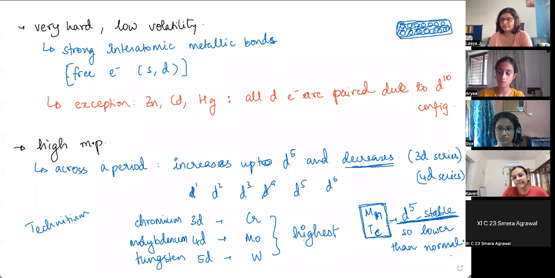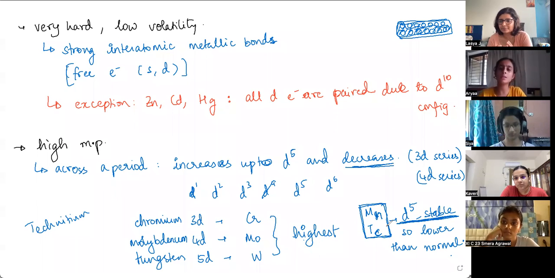That's why you have those anomalies with ionization enthalpy. Remember, like nitrogen has a higher ionization enthalpy, you can't get the electron out because half filled and fully filled are more stable.